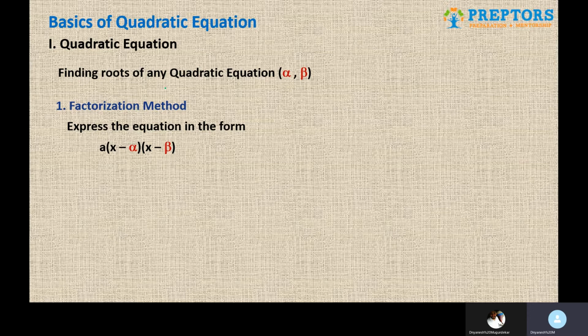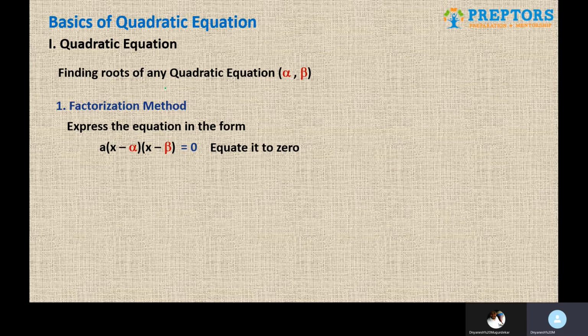Using this, we equate it with 0. Once you equate with 0, you get x minus alpha is 0, and you solve that to get x is equal to alpha, and x minus beta is equal to 0, where you get x is equal to beta.